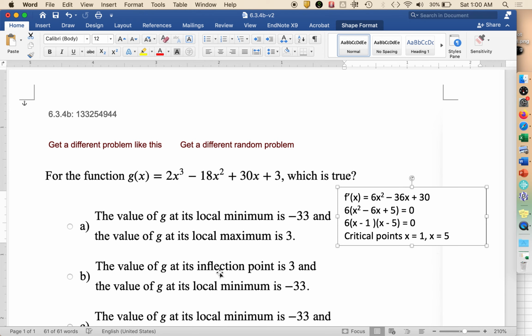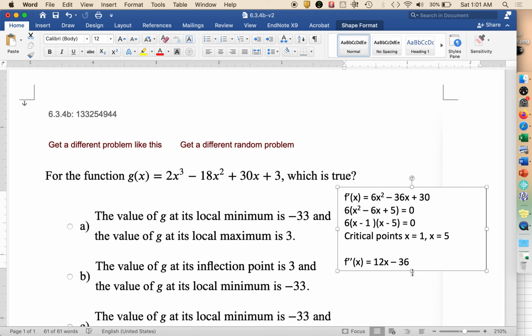Now, inflection points come from your second derivative. So I need to find the second derivative. So I'm going to back up to the 6x squared minus 36x plus 30 and find the derivative of that. And that would give me 12x minus 36, and then plus 0, right? But I'm not going to write plus 0.